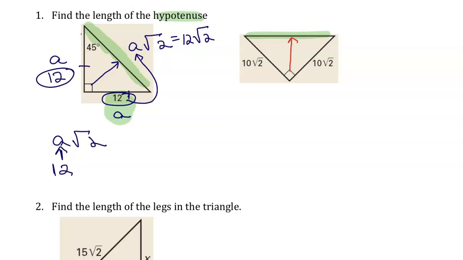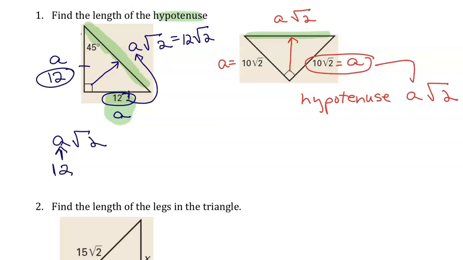Okay, now, these are the legs. The legs always equal A. The hypotenuse always equals A root 2. So that means if I want to know the hypotenuse, and they told me that it is A root 2, and I know that A is 10 root 2, then I'm going to replace that A with 10 root 2, and I have to continue with the root 2 that was there to begin with.